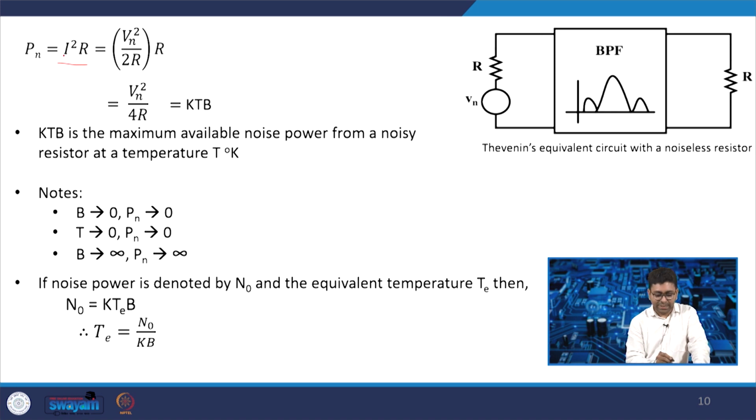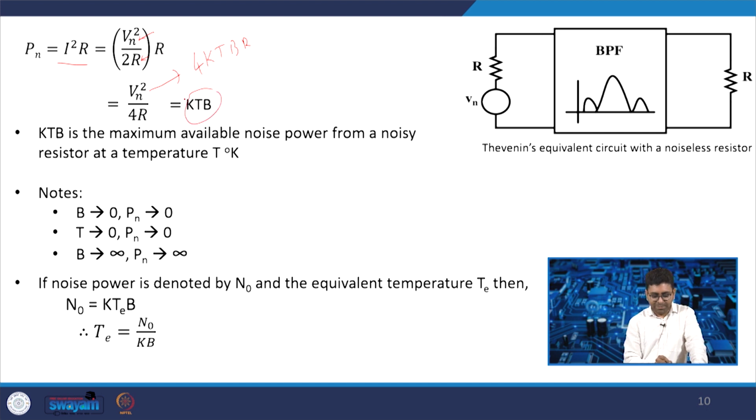Now the current I is given by Vn over 2R, because the total resistance is 2R. Then you get Vn squared over 4R. If I replace Vn squared by 4kTBR, I get the final answer kTB.